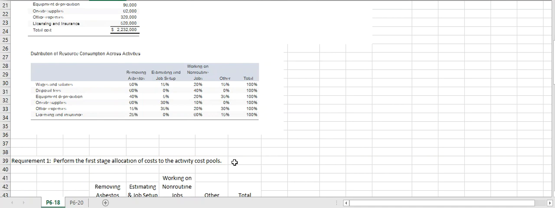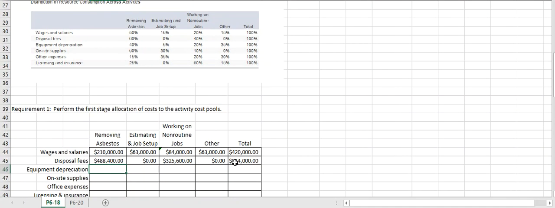Equipment depreciation was 96,000. We're going to multiply that by, looks like 40% for removing asbestos, and by 5% for estimating and job setup. Oops, forgot my equals.